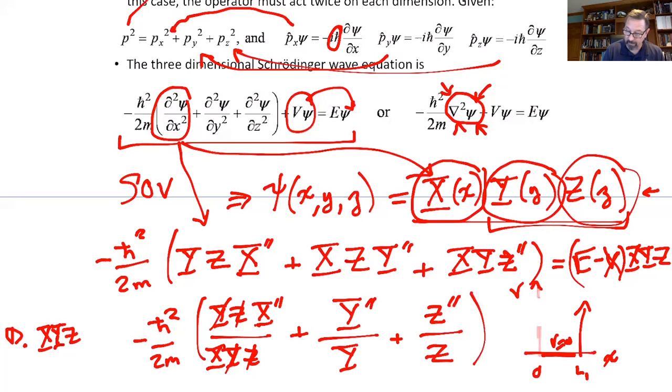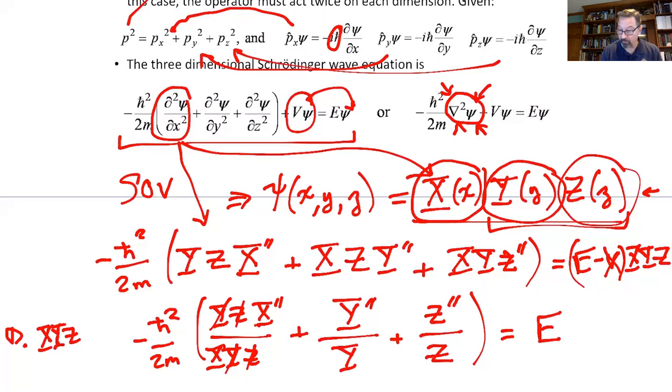I'm going to get rid of my one-dimensional well here because it's just there to help you visualize why I did something. And so all of that is equal to the energy, but then I divide by x, y, and z. So all that stuff goes away. So I'm done. That's what we're saying. And hopefully you can see what didn't get canceled out here was that. And so there's a symmetry to this equation that hopefully you can appreciate.